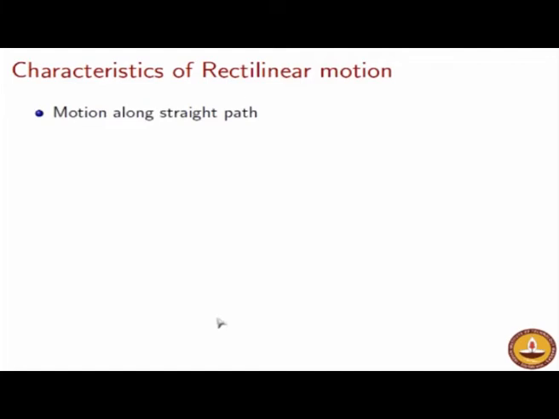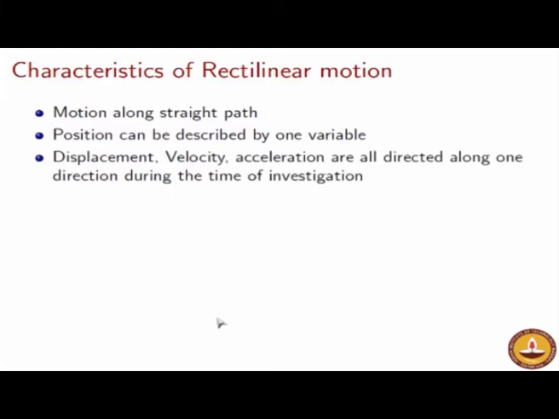So motion of the body, which is now idealized as a particle, is going to happen only along a straight path, and the position can be described by using only one variable, namely x. There is no point in a description where you have the motion in terms of x and y and z. There is no reason to choose a two-dimensional or three-dimensional coordinate system in the description of rectilinear motion.